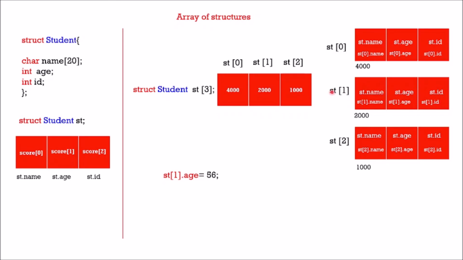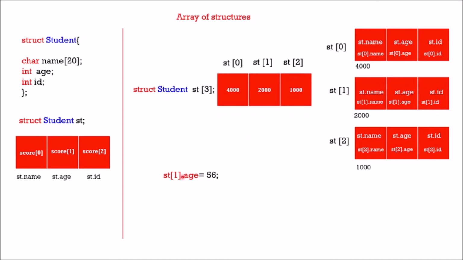So it is st, square brackets 1, that is accessing this element in this array, and then the dot operator, and then the element that I want to access, in this case h. So I'm writing st1, and I'm writing the h.